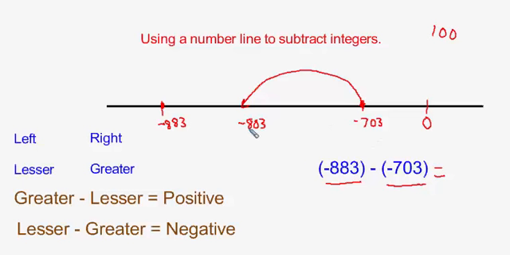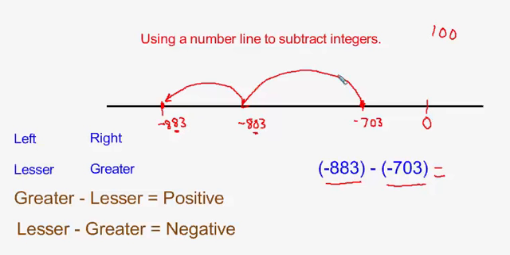If I'm at negative 803, I would have to move 80 more units to get to negative 883 because there's a 0 here in the tens place and an 8 here in the tens place, meaning that this number is 80 more units to the left than this one relative to 0.